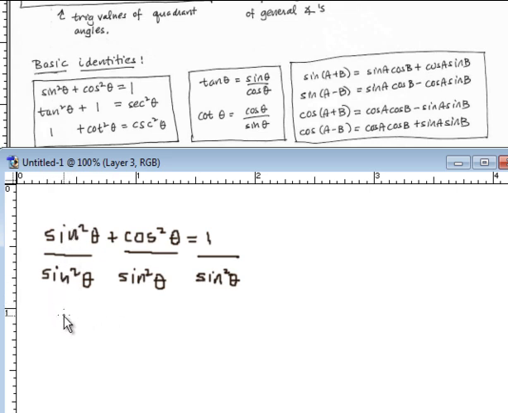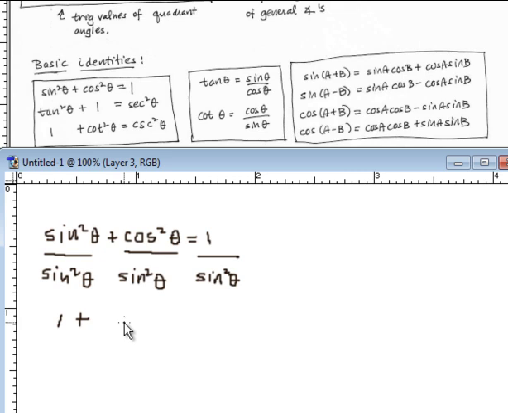So here we have 1 plus. Now what's cosine over sine? Actually, I really should start with these identities. For now, let me just show you that cotangent theta is cosine over sine. I'll explain those identities in a minute.